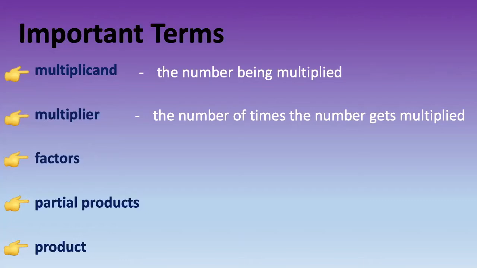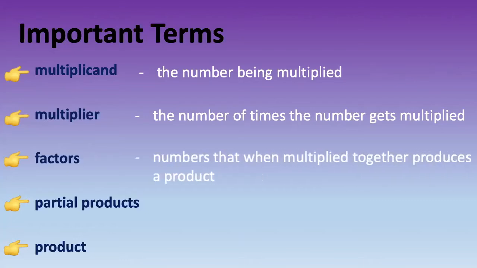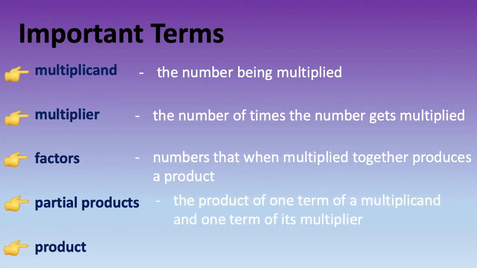Factors. These are the numbers that when multiplied together produce a product. Partial products. This is the answer of the product of one term of a multiplicand and one term of its multiplier. Product. The result of multiplying.